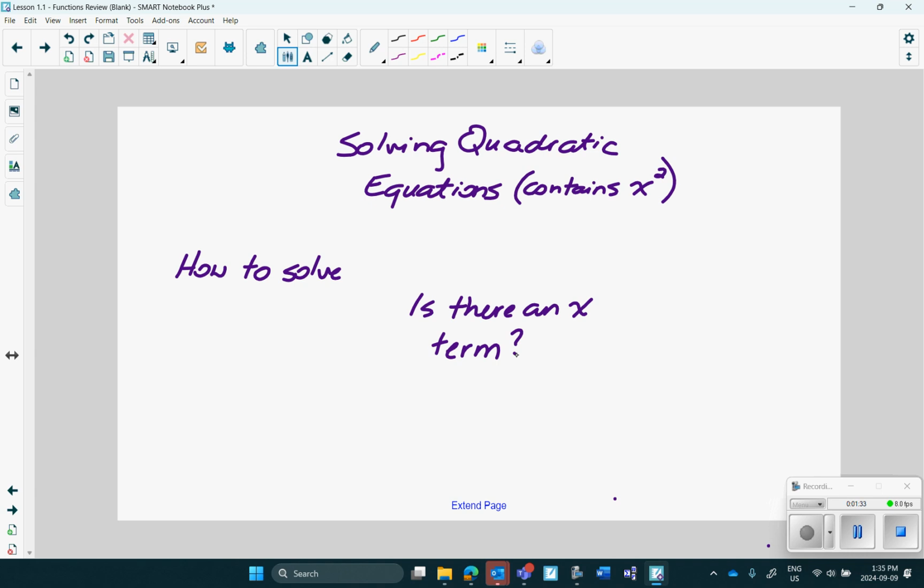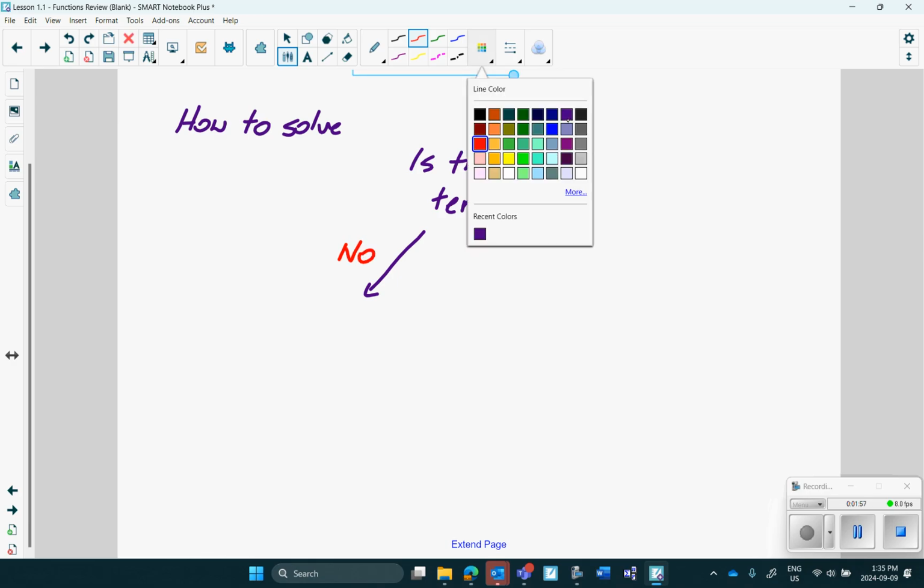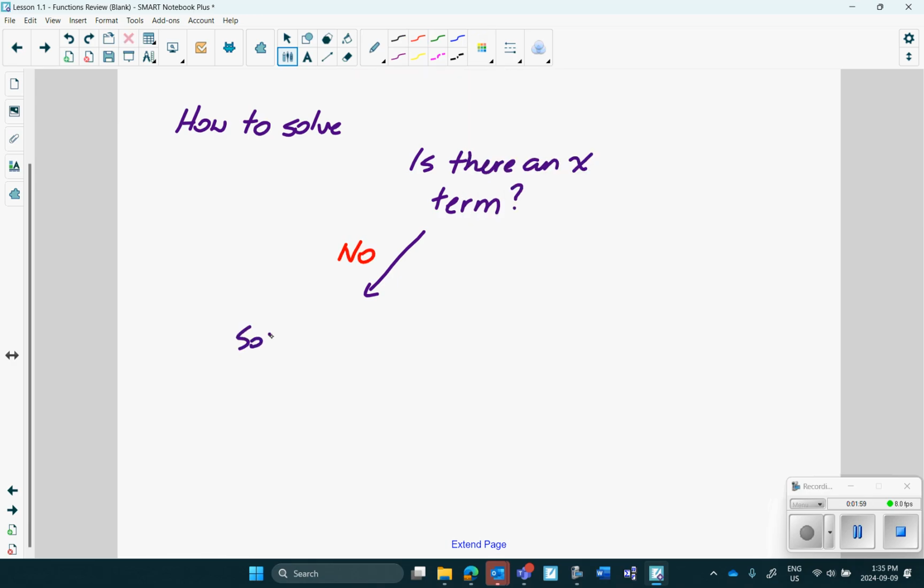So obviously the equation has to contain an x squared to be quadratic, but does it also contain another term that has an x in it? If the answer is no, we solve it by plus minus square root.